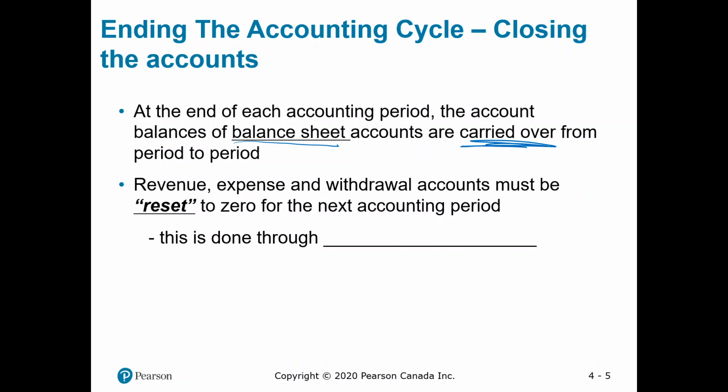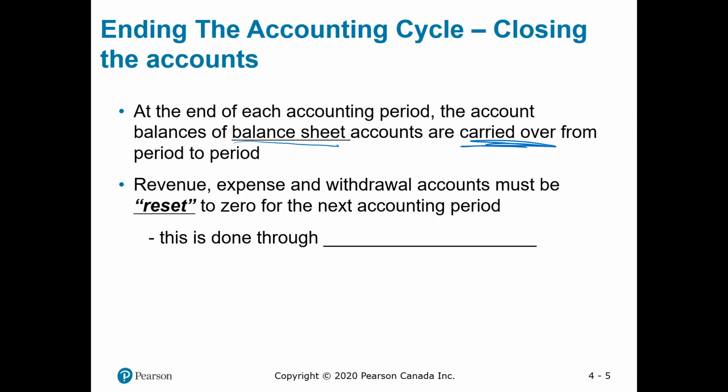So the ending balance in cash or other assets and liabilities, that just starts the next year with that balance. So we ended on December 31st with $10,000 cash. Well, that's our opening amount for January 1st. Same idea, another example is accounts payable.